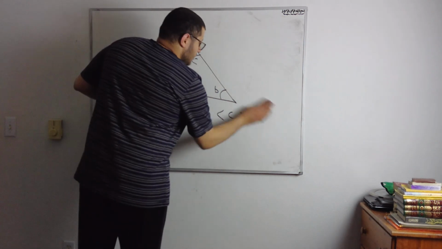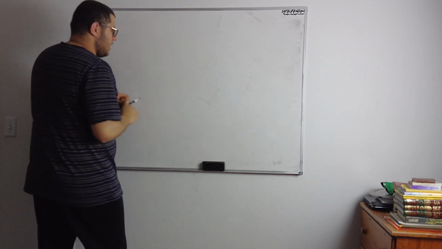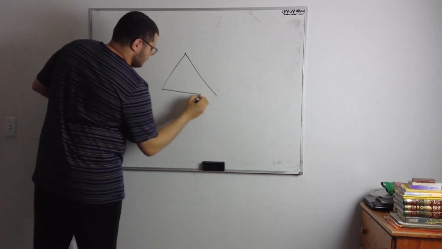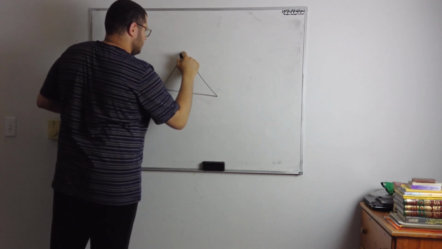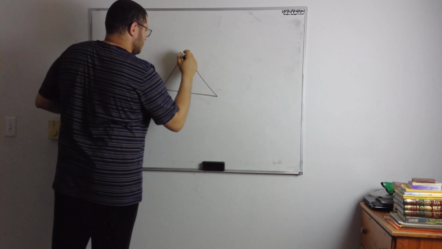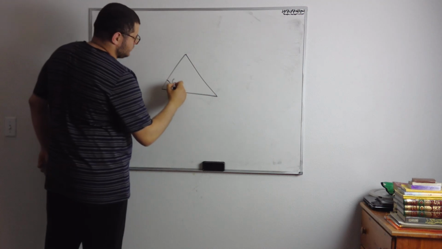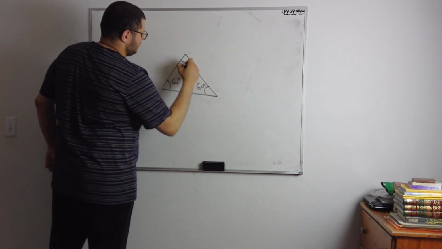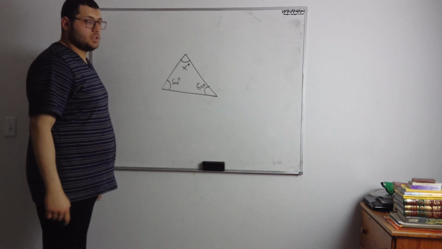Let's apply it. So let's say you have a triangle. There you go. And then let's say this is 60 degrees. This is 60 degrees. And you're trying to find x degrees. You're trying to find the missing angle right here. How are you going to do that?